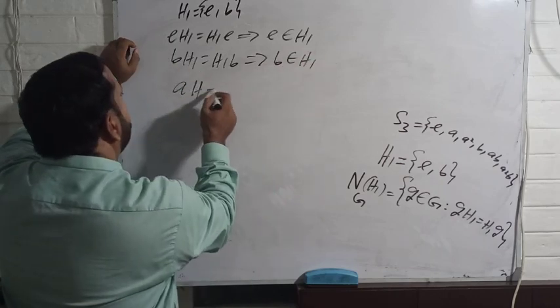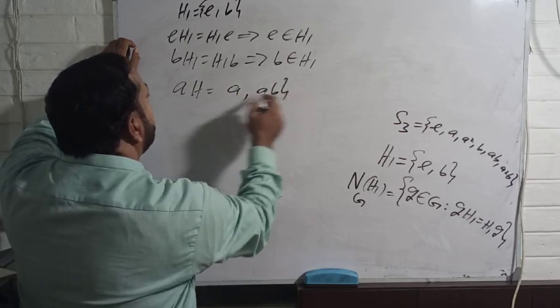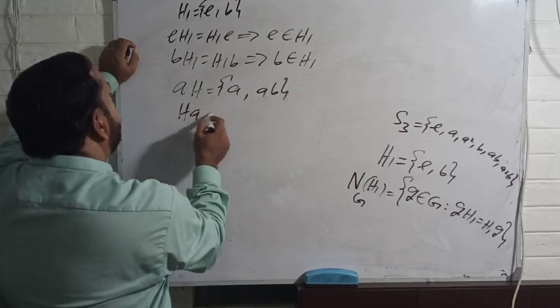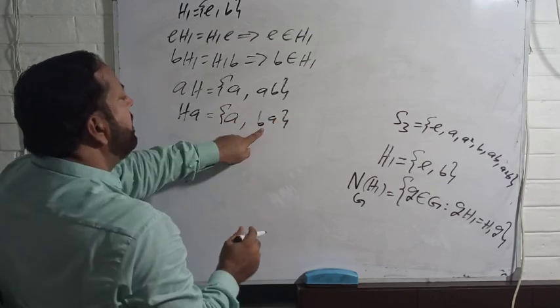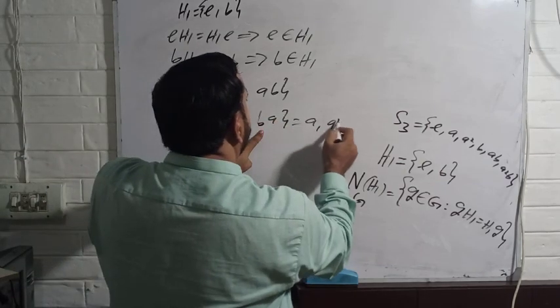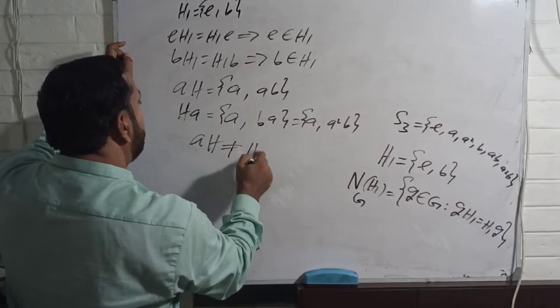Now AH1, this is {A, AB}, and H1A, this is {A, BA}. But you know what BA is? BA is A square B. So you see AH1 is not equal to H1A.